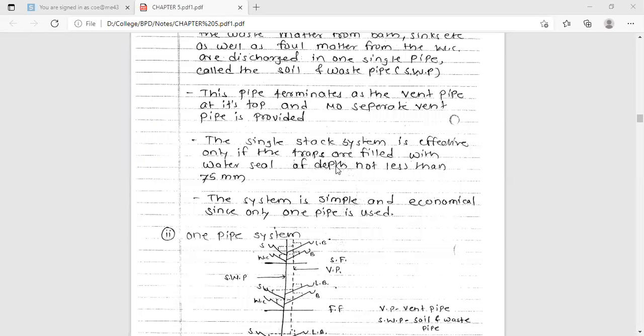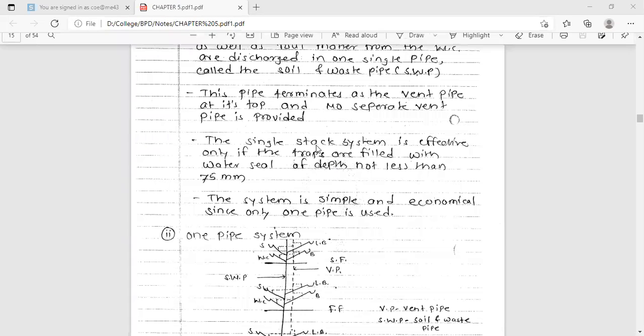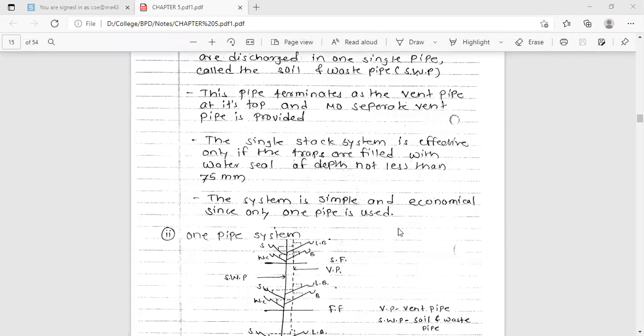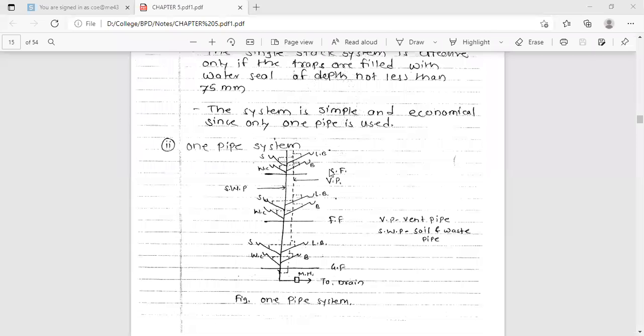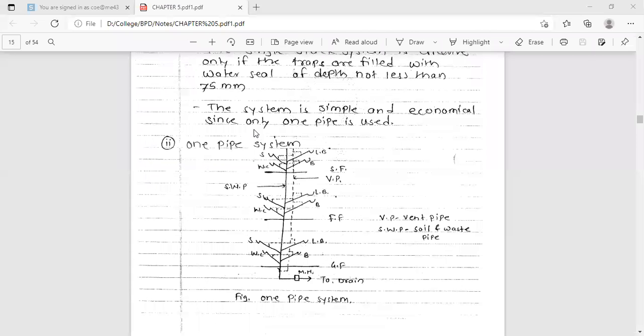That we have to take due care of. If it is there for each and every outlet, then and only then we go for the single stack system. This is also economical because only one pipe is used in this system.